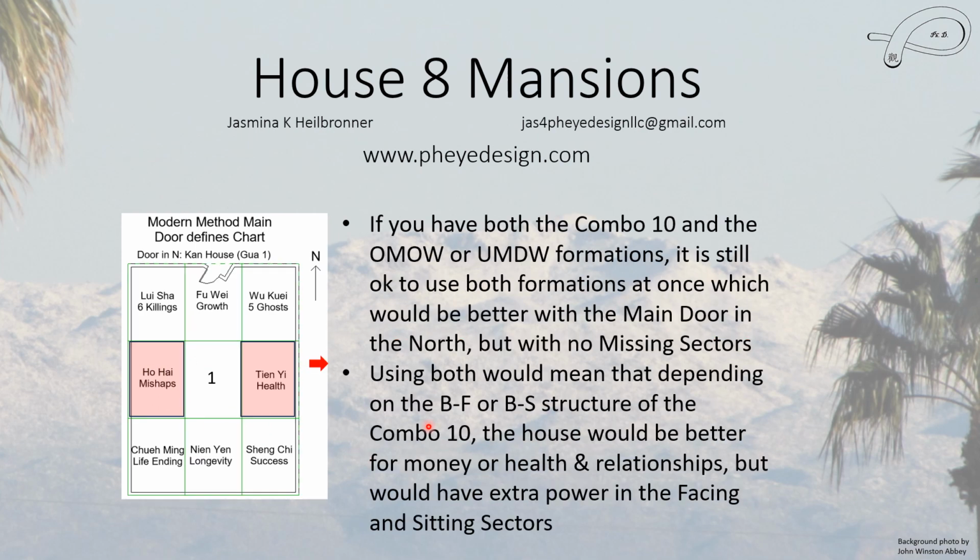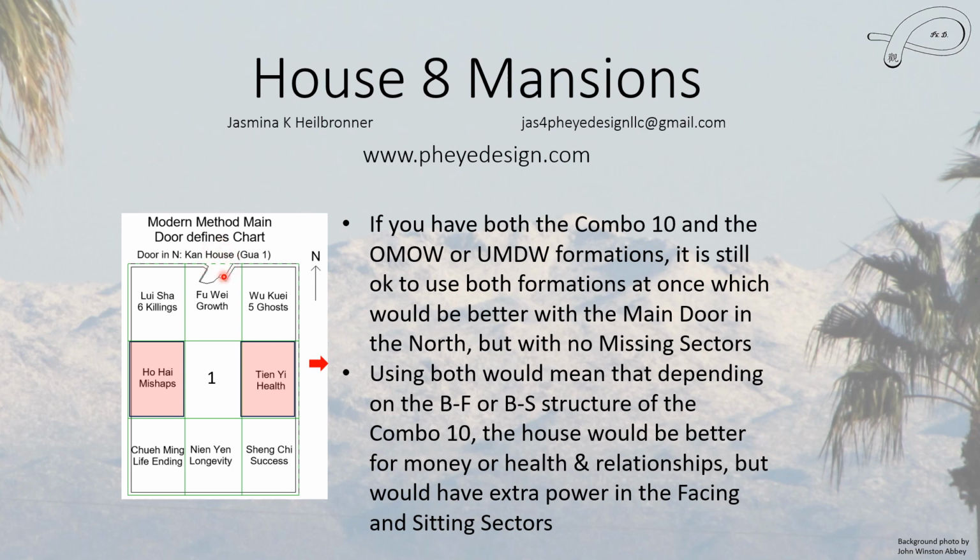Now, if you happen to have both a combo 10 and one of these, and in this case we'd really be talking about the up mountain down water, you could have a condition like this where you had a little bit. I mean, you can't have any missing sectors in combo 10. So what I showed you before wouldn't work. But you could do this because this is less than a third, or you could even have it bump out a little bit.